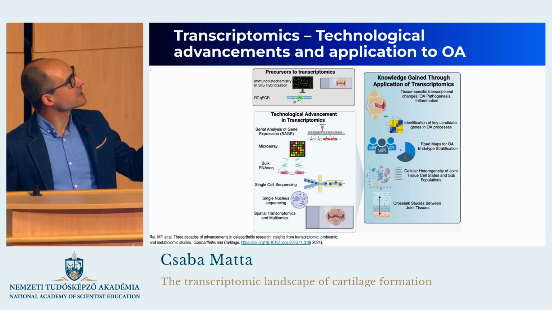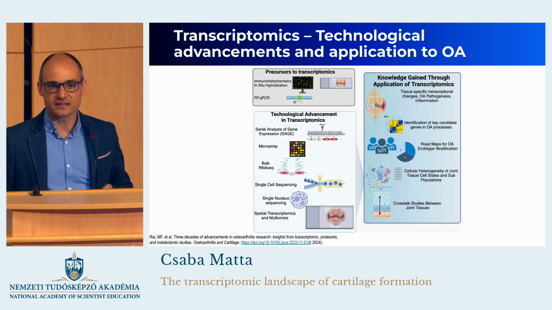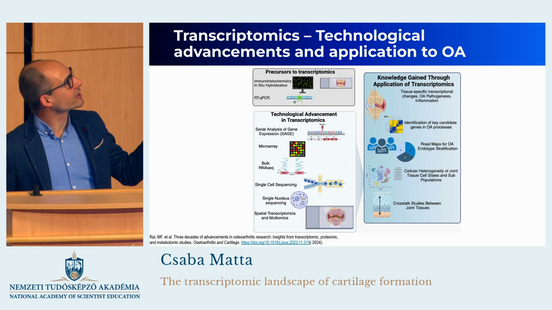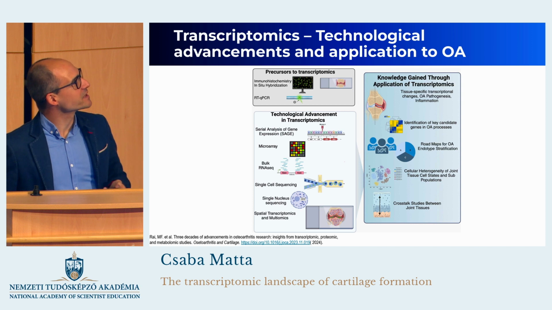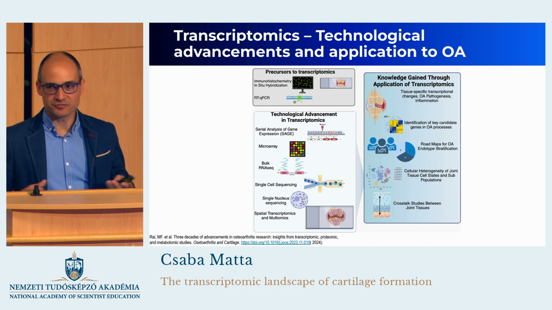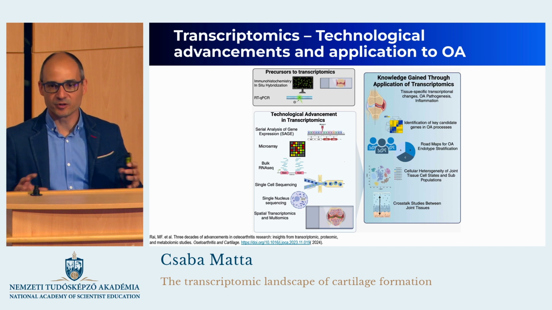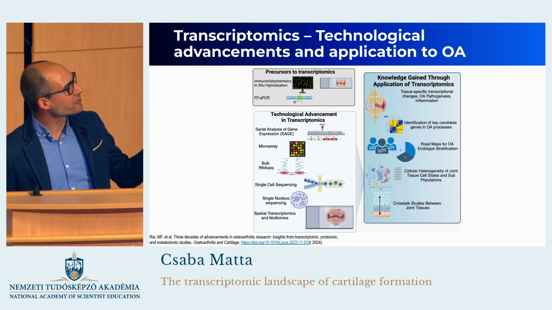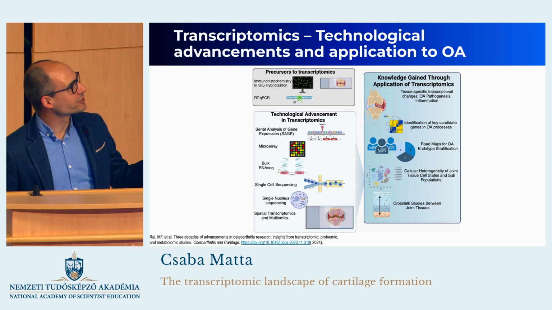And this is a slide that summarizes the different levels of how you can look at the transcriptome at the global scale. You can do microarrays. This is a bit outdated these days. You can do bulk RNA sequencing, which means that you have a tissue with many cells, and you isolate or extract RNA from all those cells at the same time and look at the global mRNA expression pattern. This is what we did. But now you can go into even further detail as well.